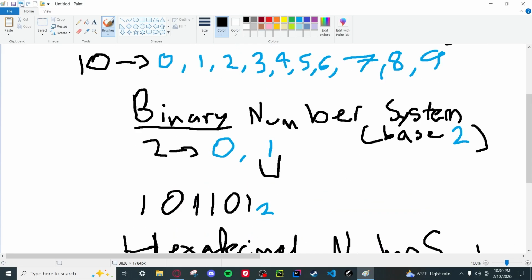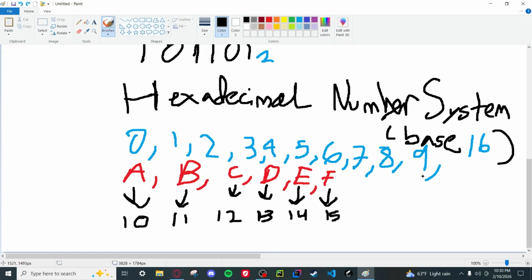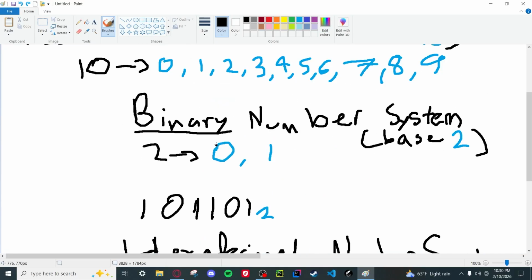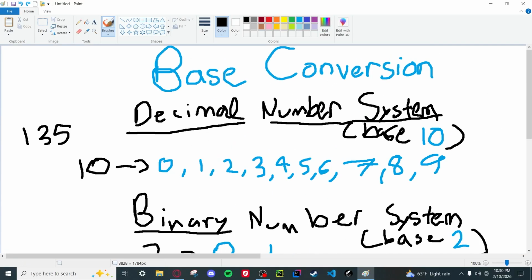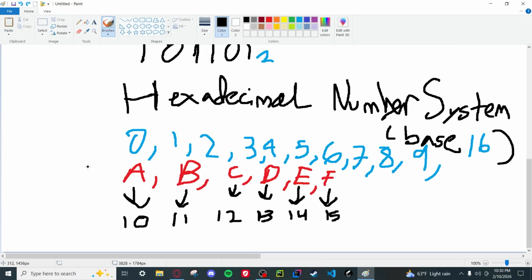You can only use 0 and 1 to make numbers, not 0, 1, 2. And then over here, base 16, you stop at 15. I think that's kind of interesting, which makes sense because we started at 0. That's not really related to the course, I don't think, but I think in general it's just a good thing to know. Anyways, this is essentially how it works.